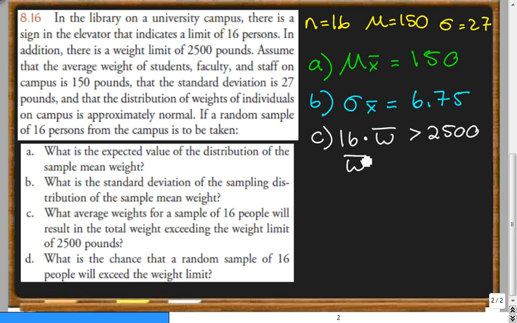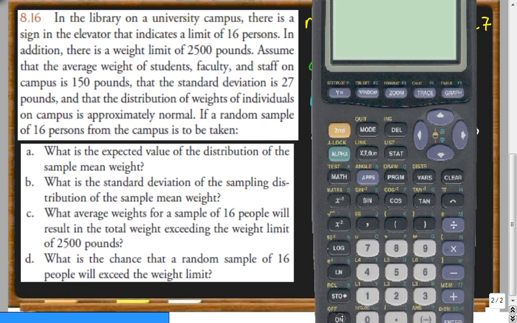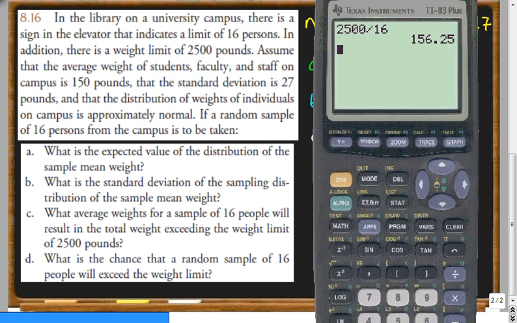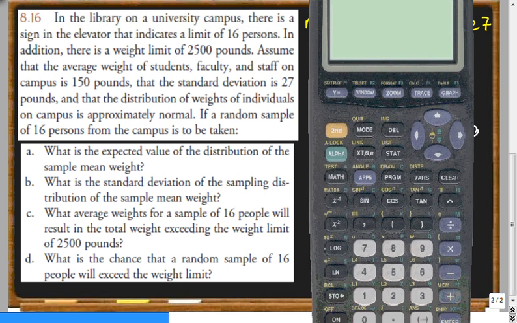It would follow that if we divided each side by 16, our average weight would have to be greater than 2,500 over 16, which is 156.25 pounds.